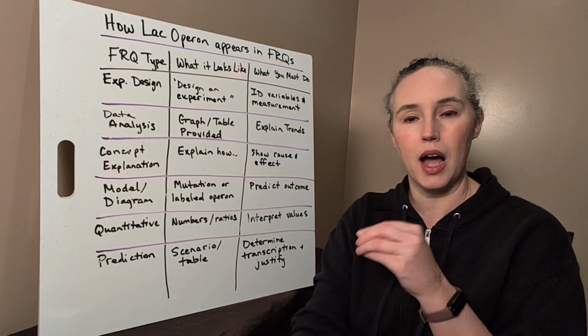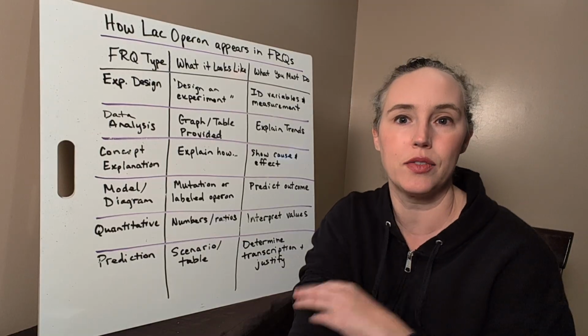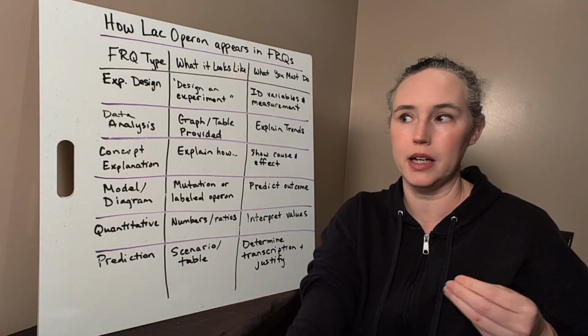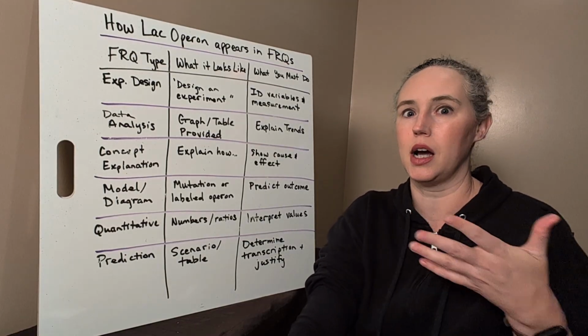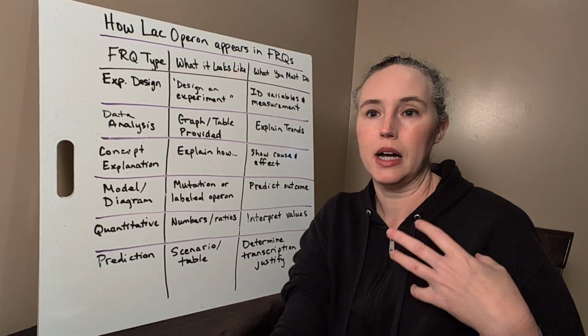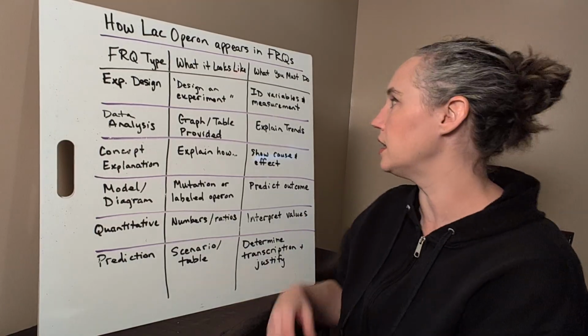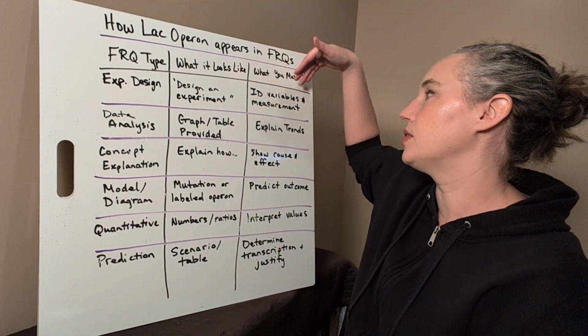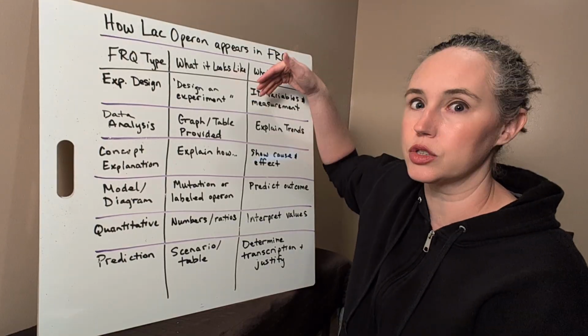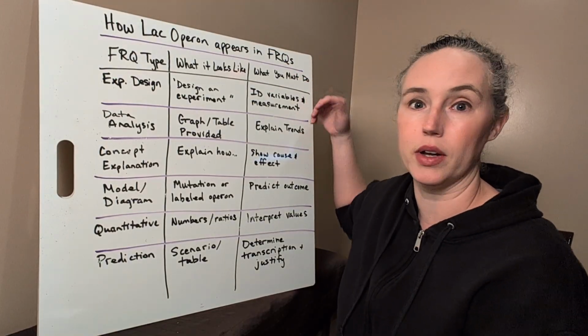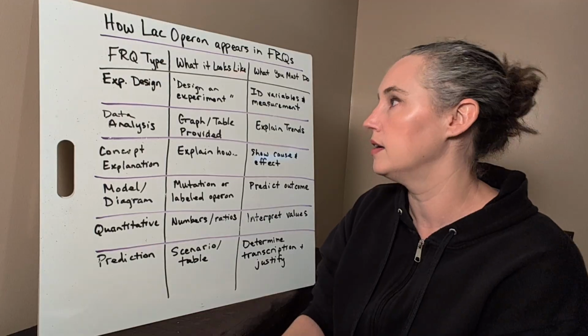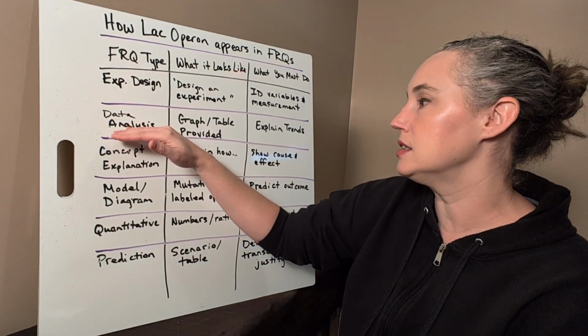It may use the Lac Operon as context, but you don't have to have a ton of deep biological knowledge on it to be able to identify the variables and describe what's being measured and how, and controls and things like that. You may see data analysis.